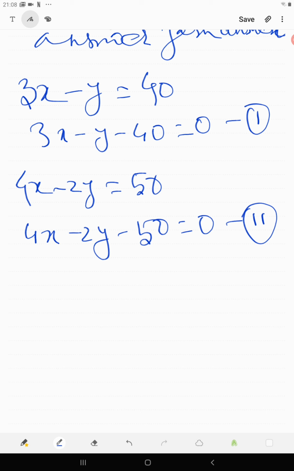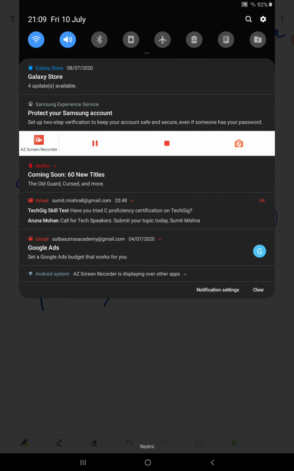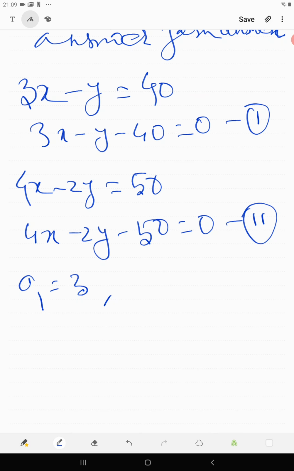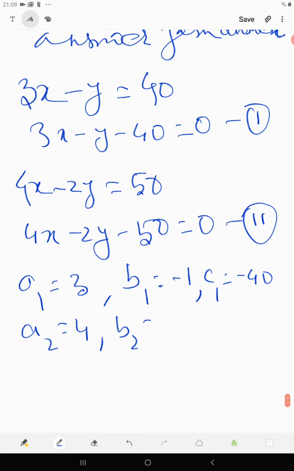So what we have is a1 equals 3, b1 equals minus 1 and c1 equals minus 40. Similarly, a2 equals 4, b2 equals minus 2 and c2 equals minus 50.